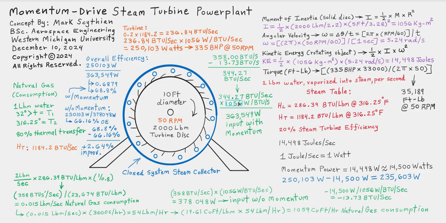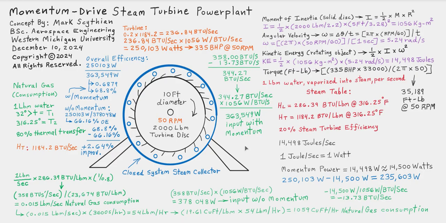Then we convert it into its watts equivalent. So the input wattage in the form of burning natural gas is actually 363,549 watts rather than 378,048 watts. So that is just 358 BTUs times 1056. So we can see the difference.